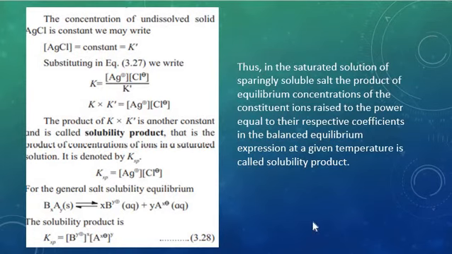So we can say in the saturated solution of a sparingly soluble salt, the product of equilibrium concentration of the constituent ions raised to the power equal to the respective coefficient in the balanced equilibrium expression at a given temperature is called solubility product.